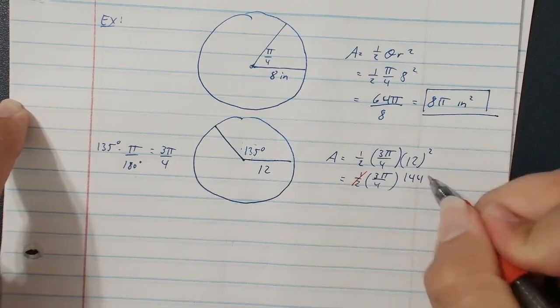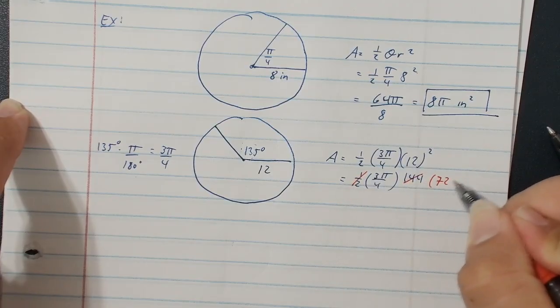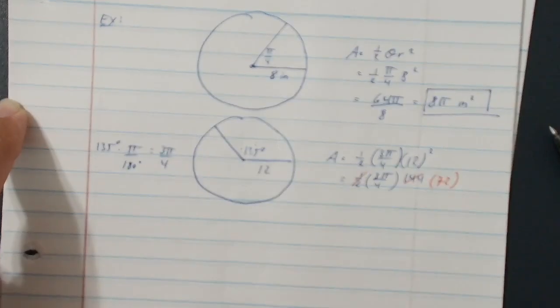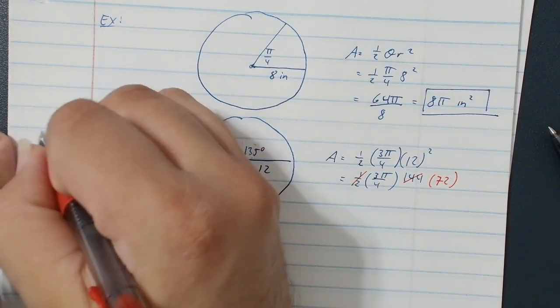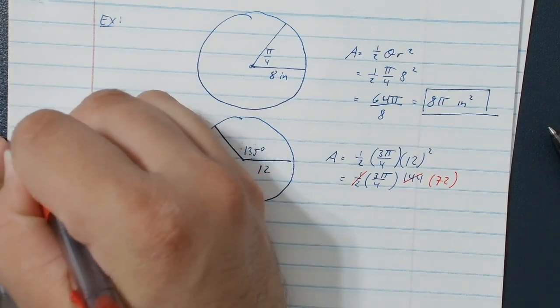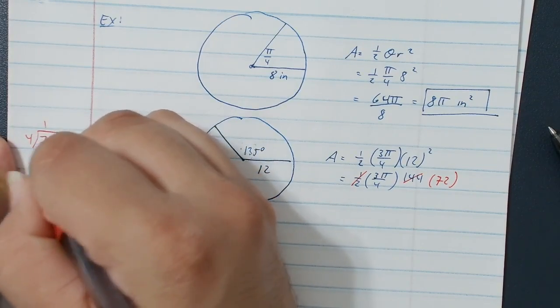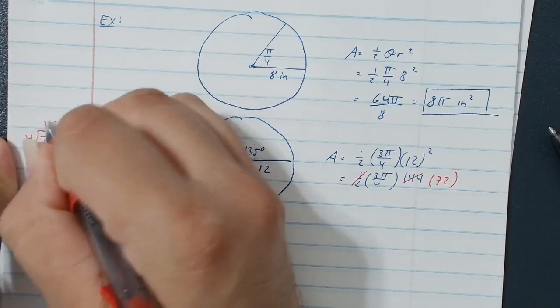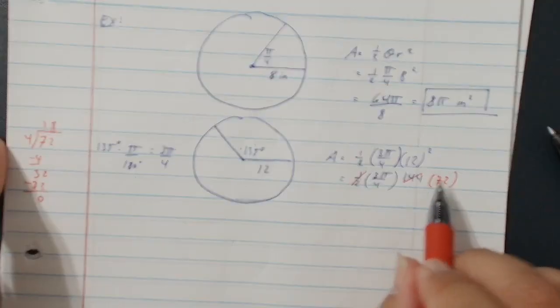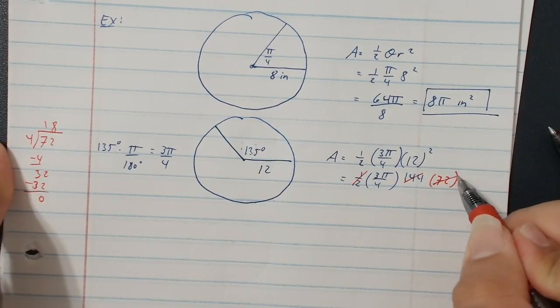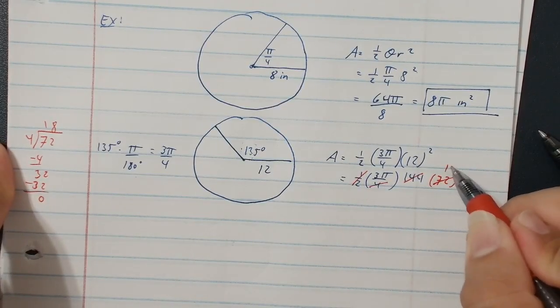Half of 144 is just 72. And 4 goes into 72, what is that, 18 times? I think that's right. 72 divided by 4 is 18, no remainder. So yeah, that's 18 times.